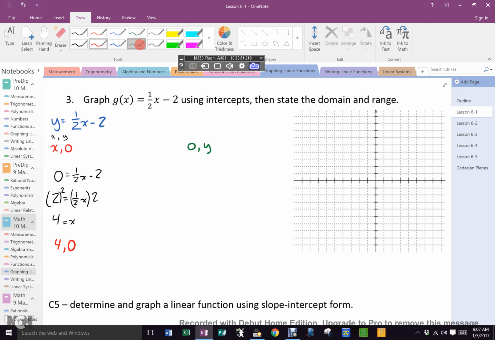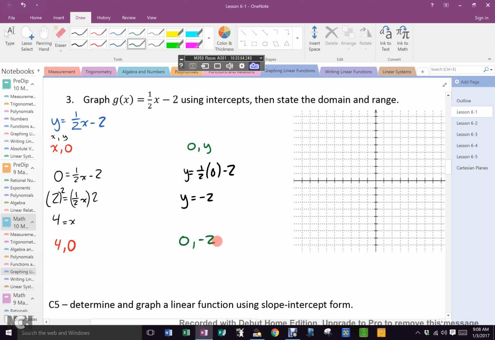Come over to this one. What's happening over here? Do I know x? 0. So y equals 1/2 times 0, minus 2. Oops, not x, because x is 0. So y equals what? 0 minus 2. Negative 2. So what is the y-intercept? 0, negative 2.